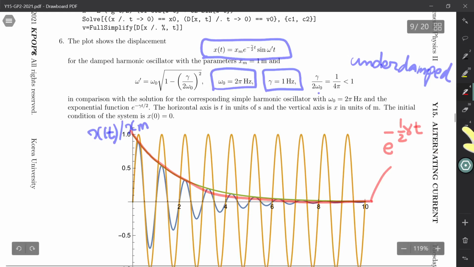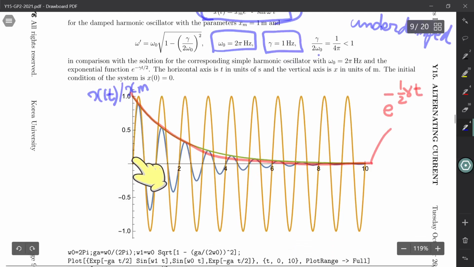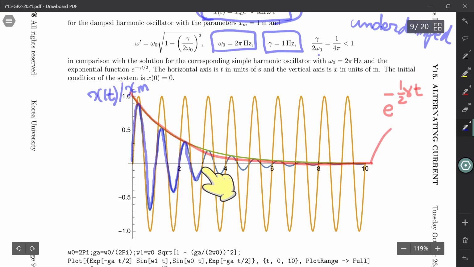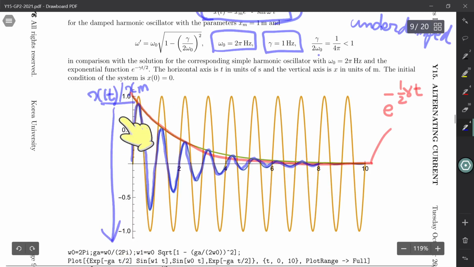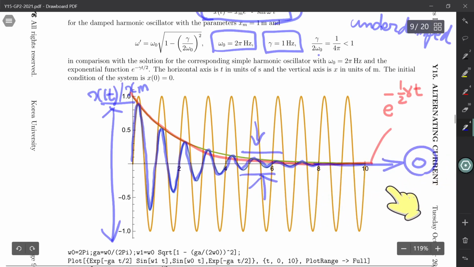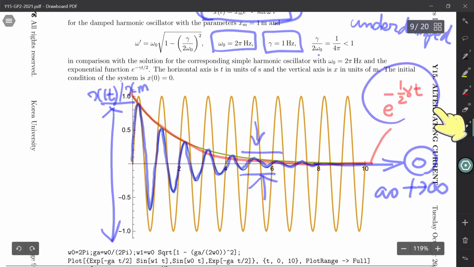Our solution is given here. The local maximum does not exceed the exponential function. So it's oscillating, but the range of oscillation is decreasing. It is decreasing as t goes to infinity, and it saturates to 0 as t goes to infinity because of this damping factor.